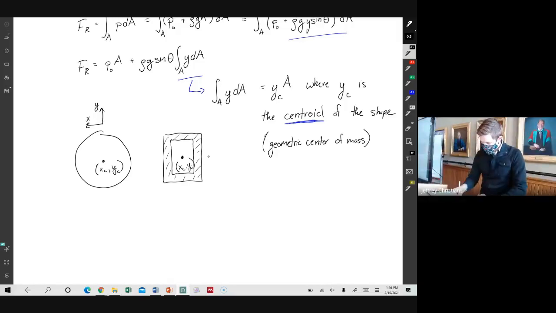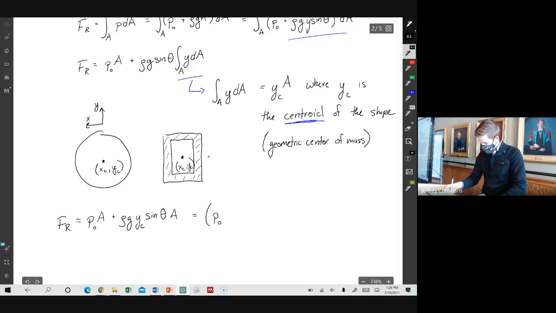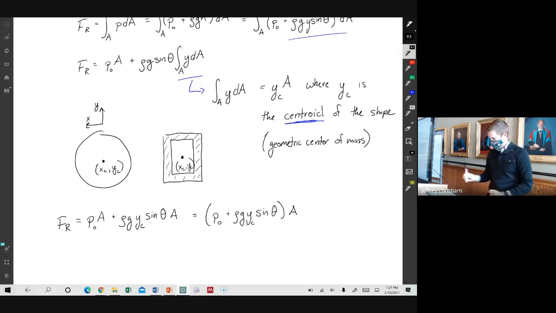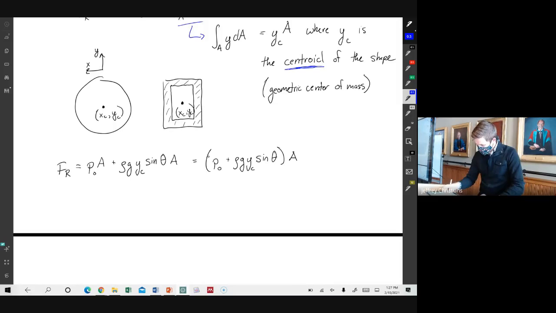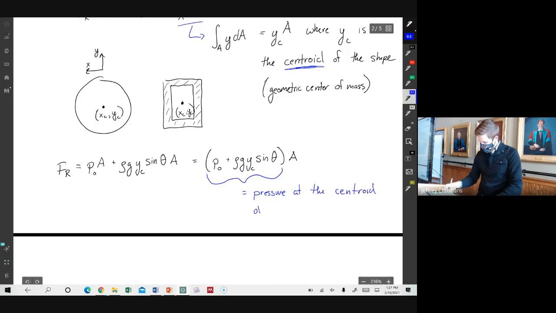Okay, so then our equation for FR would be equal to P naught A plus rho g y centroid sine theta times A. Or we could rewrite it as P naught plus rho g y centroid sine theta, times A. And I rewrite it that way because then this thing is simply the pressure at the centroid of the shape.